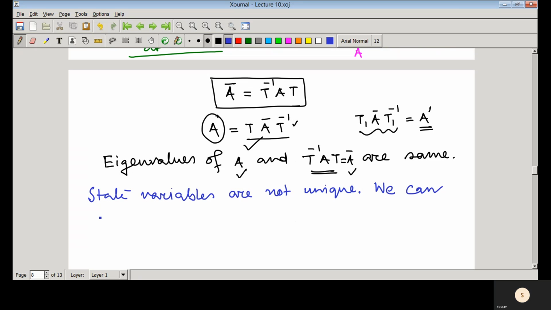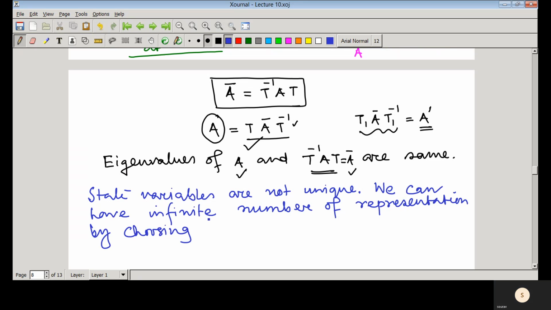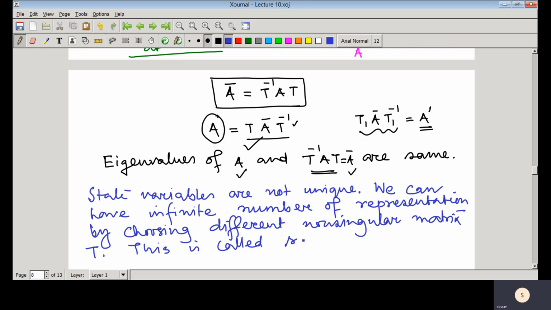We can have an infinite number of representations by choosing different non-singular matrix T. So this is called similarity transformation. That means from one state vector representation to another state vector representation just by multiplying with a non-singular T.